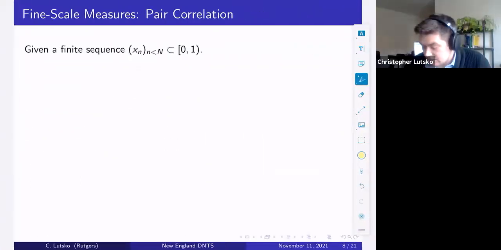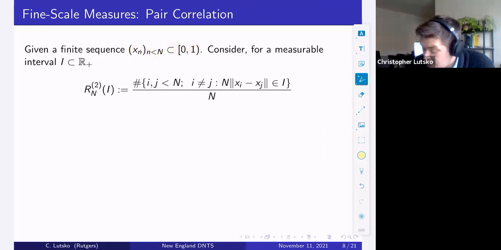So another fine scale measure of pseudo-randomness that we can talk about is the so-called pair correlation. Again, given a general sequence, I'm going to stop it at time N. We can define a function which takes an interval I on the positive real line.